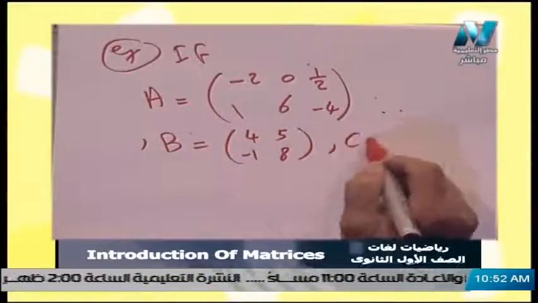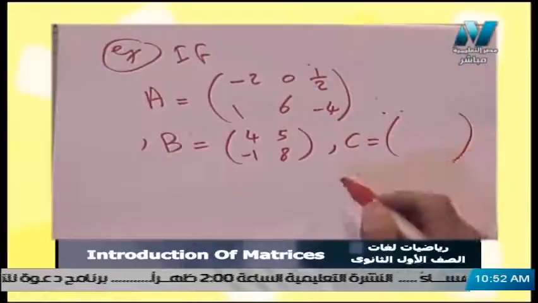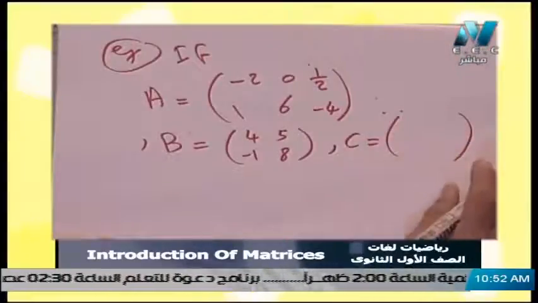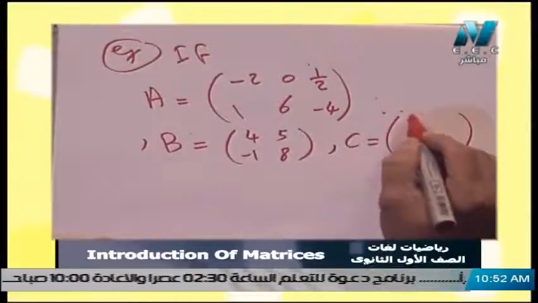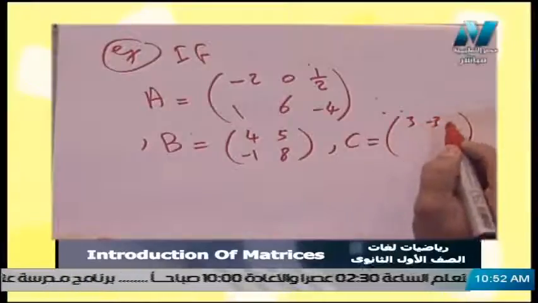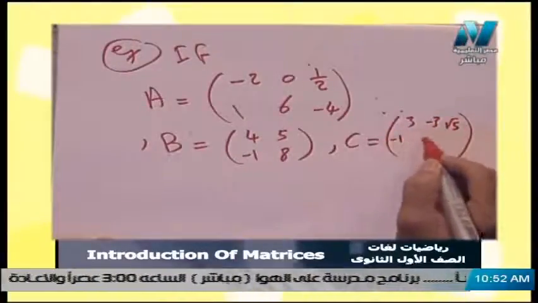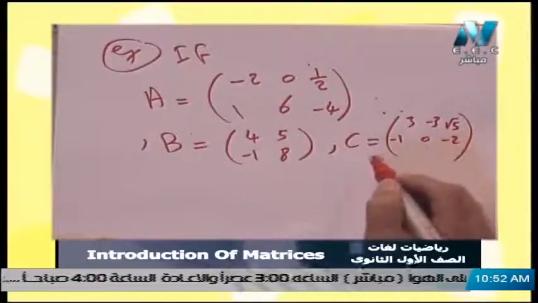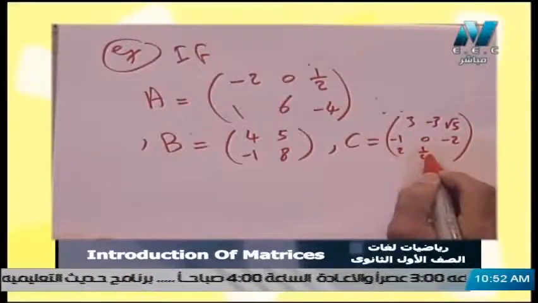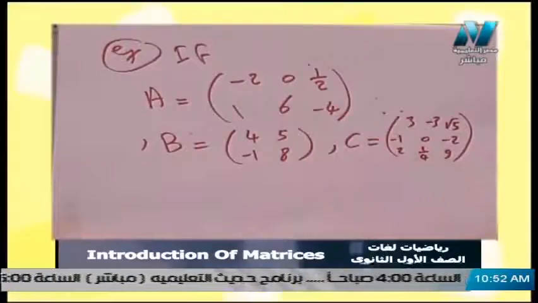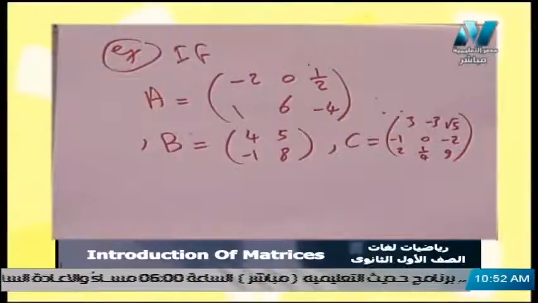We have C, the third matrix here, 3, -3, √5, -1, 0, -2, 2, 1/4, 9, and we would like to find what?